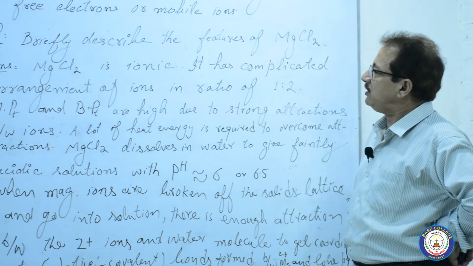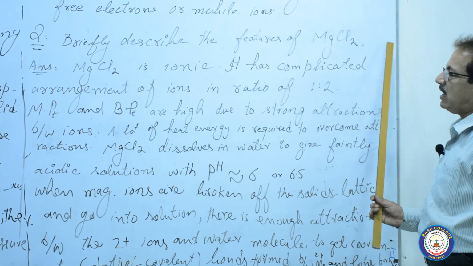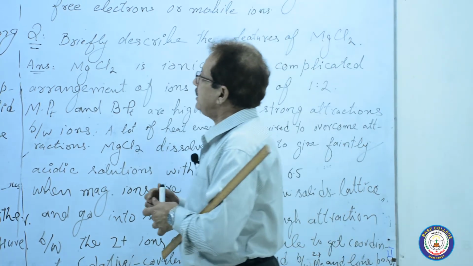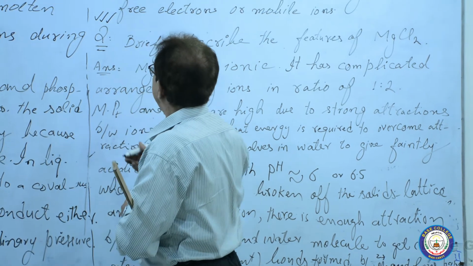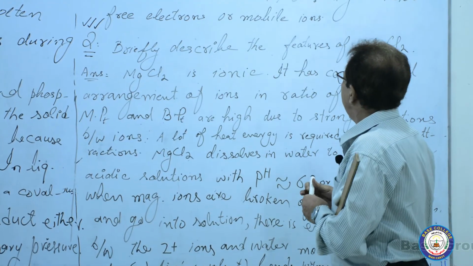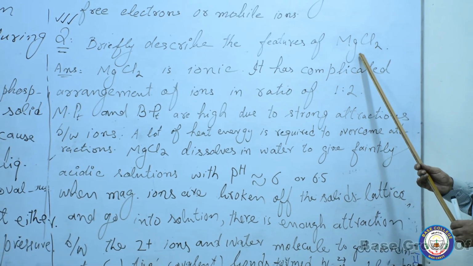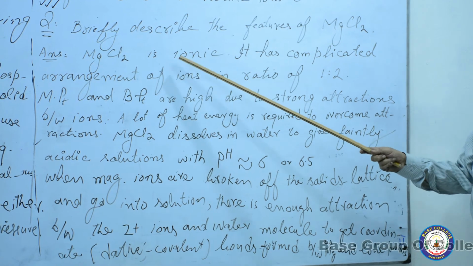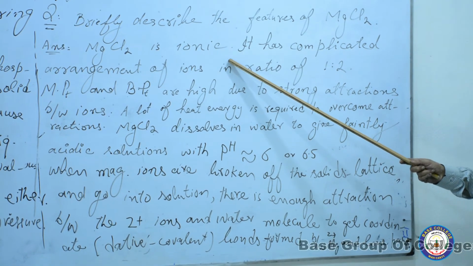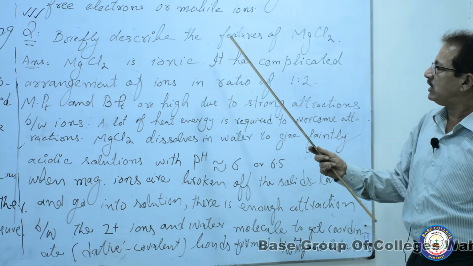Now next question, again important. Briefly describe the features of MgCl2. This is 3 times important. 1, 2 and 3. Briefly describe the important features of MgCl2, magnesium chloride. Answer: magnesium chloride is ionic because of Mg2+ ions and Cl- ions.